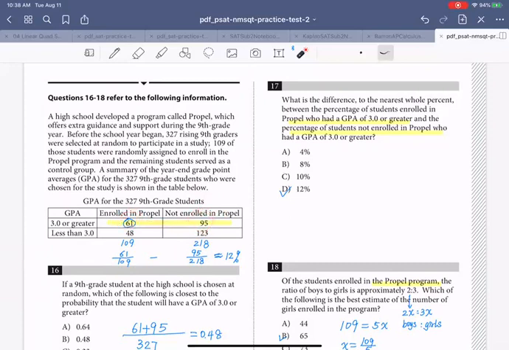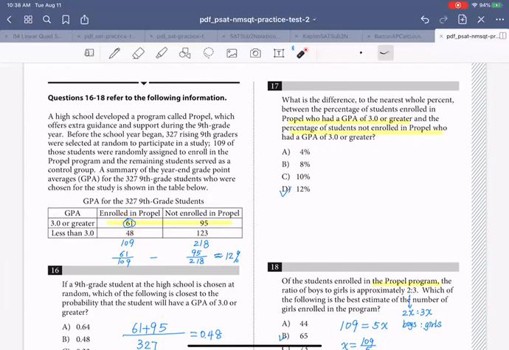If you only look at this experiment, 95 is bigger than 61, and you conclude this program doesn't work because 95 people get a GPA of 3.0 or above, then there's no use to take this program.